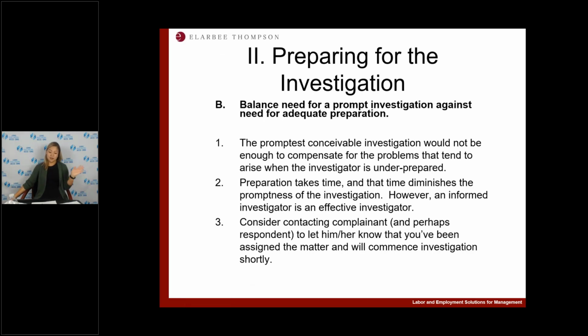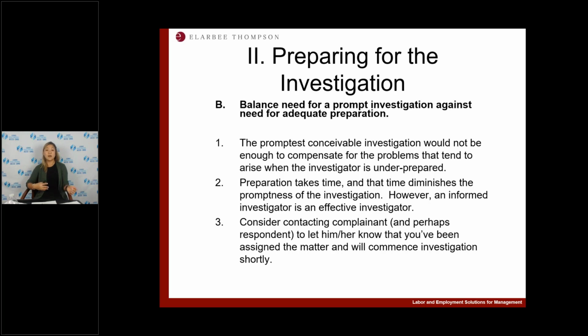And so you need both a prompt investigation and an effective one. An investigation takes some preparation. You need to read or investigate the complaint a little bit, find out some stuff. Maybe you need to go through personnel files or past complaints, and you need to write up some outlines to make sure that you're getting the information that you need.